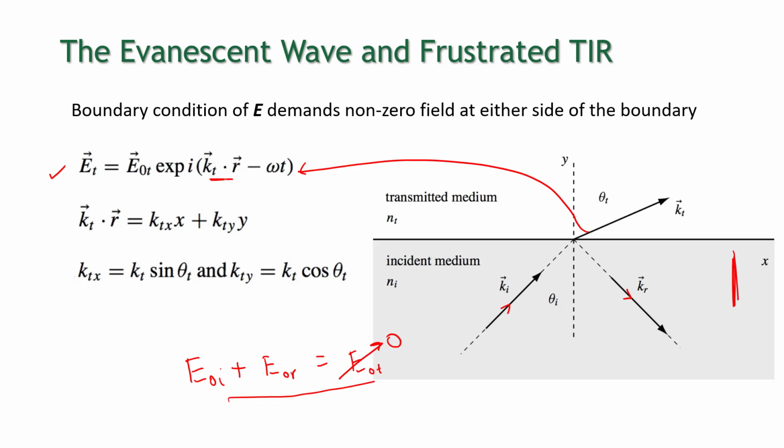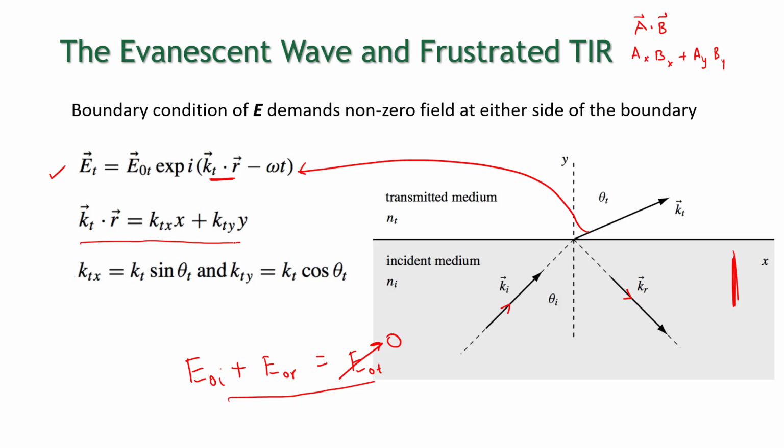Now, this thing is the vector dot product. So, if you have A dot B, you can write this as AxBx plus AyBy, dot product of two vectors. The same thing we are doing here.